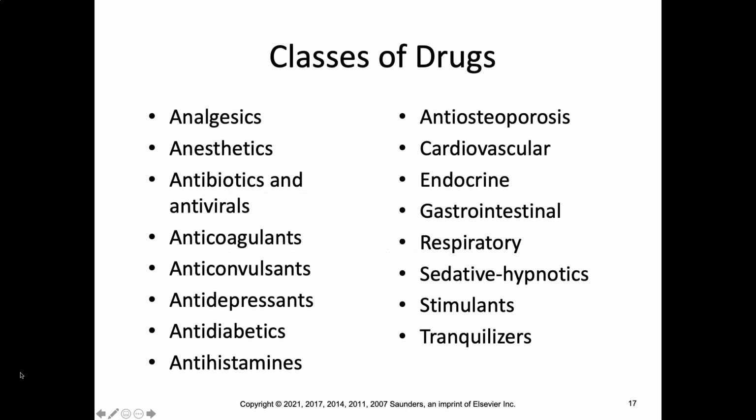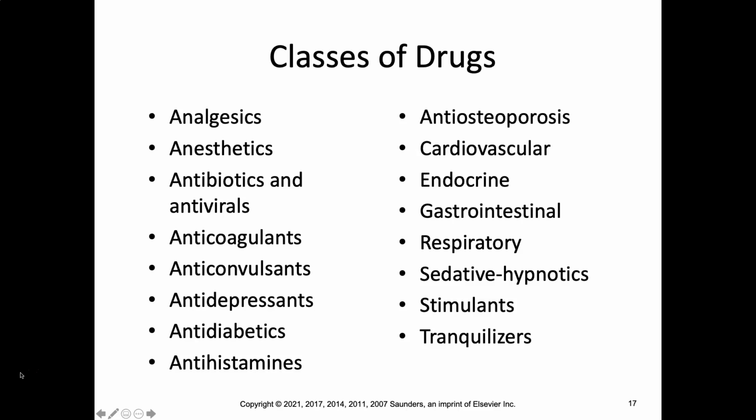Classes of drugs, again, this is just for you to be aware of. So I'm not going to go over a lot of these. It gives you some examples in tables 21-2 and 21-3 and 21-4 and 21-5 and 21-6 and 21-7 and 21-8 and 21-9 and 21-10 and 21-11.